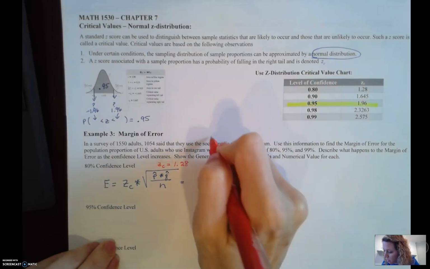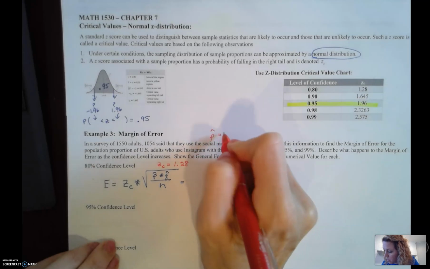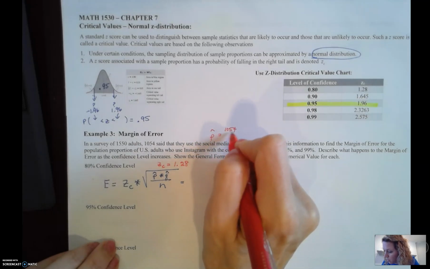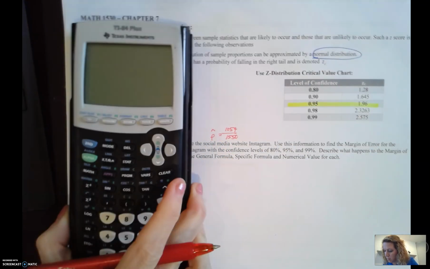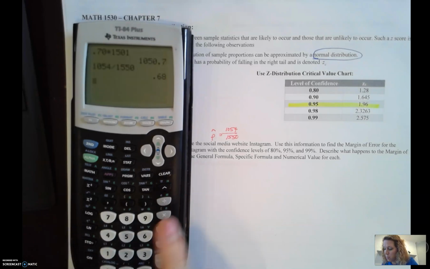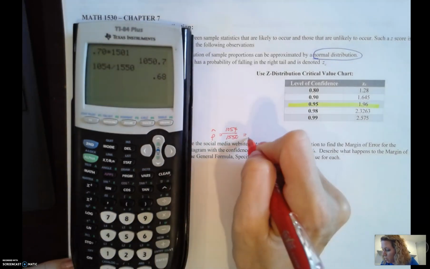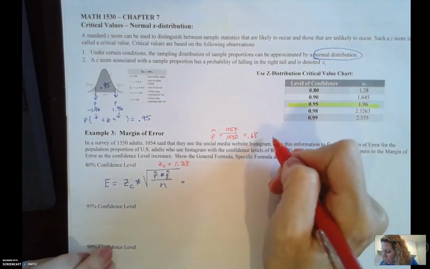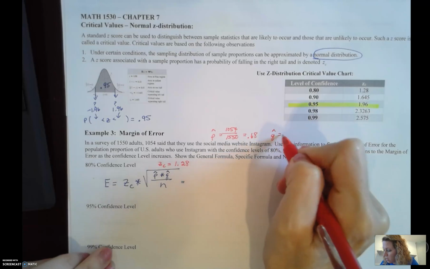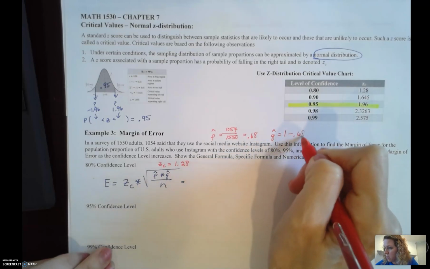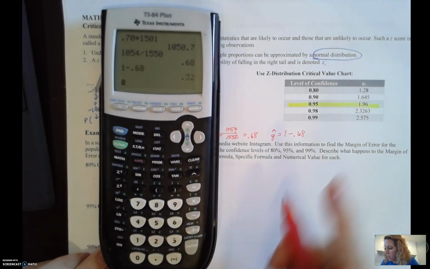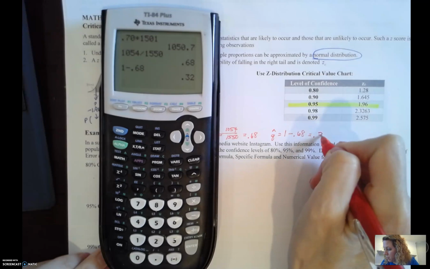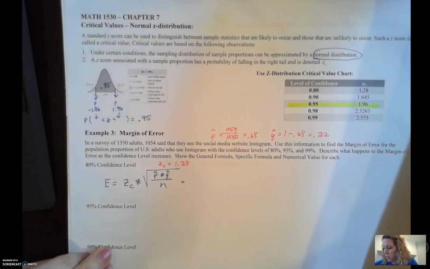Our p hat for the problem is going to be 1054 over 1550. Let's see if that converts to a nice decimal instead. Okay, and remember from a previous problem we had calculated that, and that was 0.68. So 68% is a sample percentage. Q hat, then, if we calculate q hat, it's going to be 1 minus 0.68. If you need to use your calculator, you can. And that is 0.32. So 32% do not use Instagram.